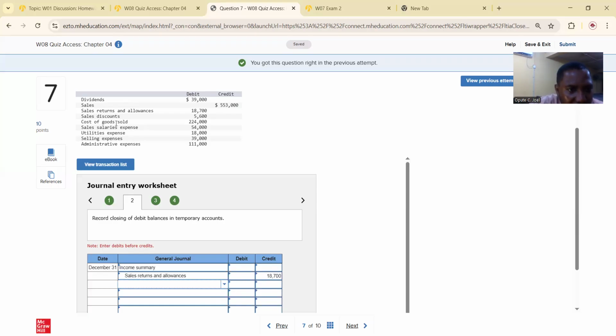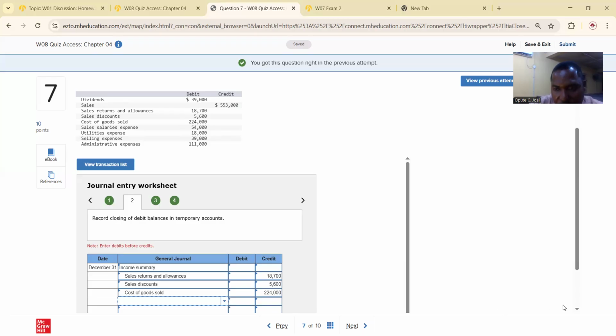The next one is sales discounts, 5,600. The next one is cost of goods sold, 224,000.